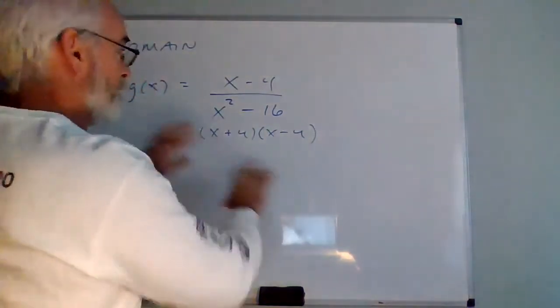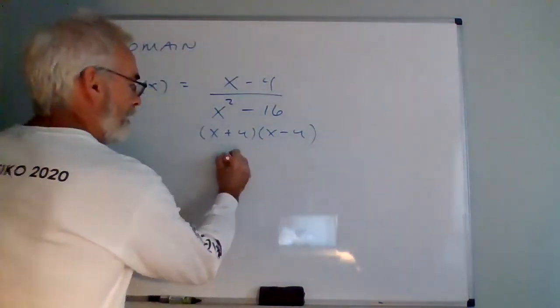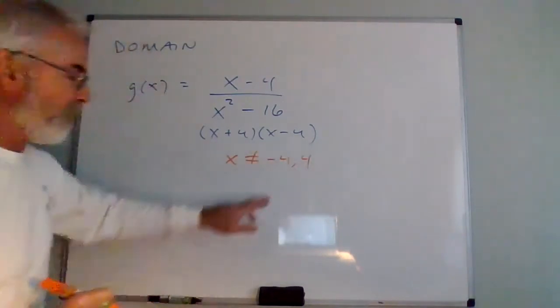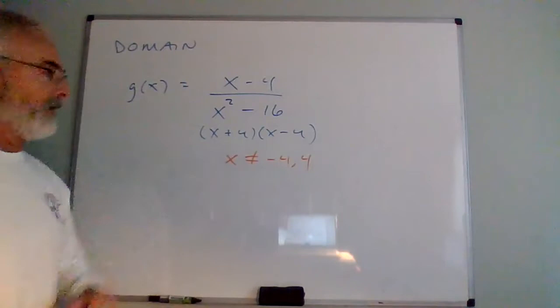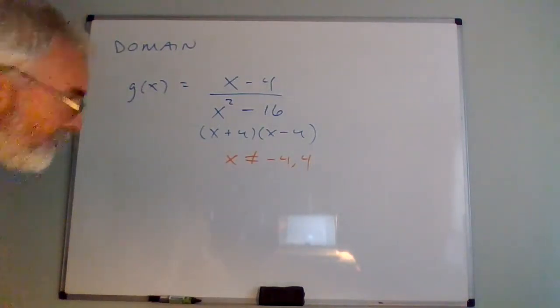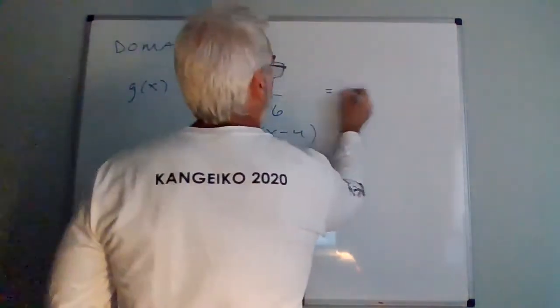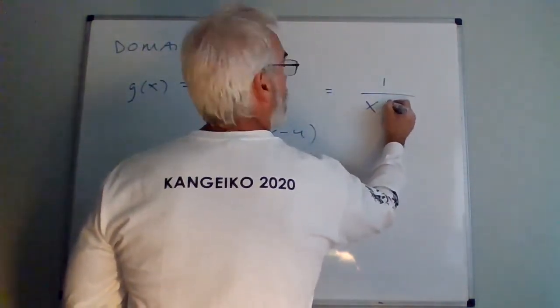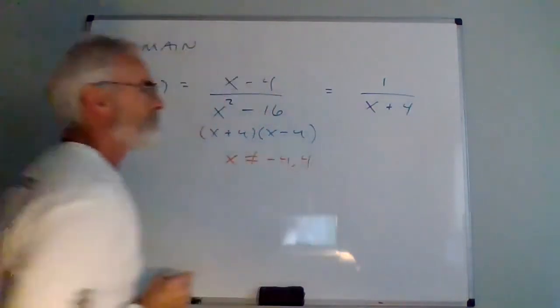Right now, before I do anything, clearly, x cannot be -4 or +4. The comma mathematically means or. But after I cancel those common factors, I would be left with 1 over x plus 4.